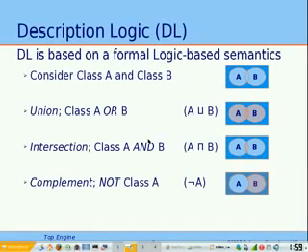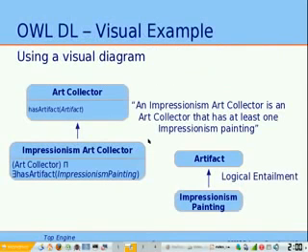This language is based on a formal logic-based semantic, and we looked at all 6 class descriptors that exist in the language that can be used to construct classes from expressions.